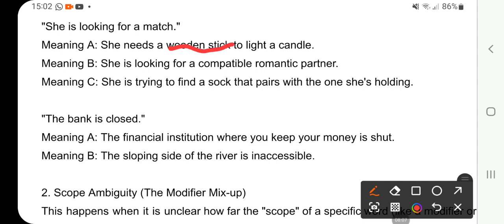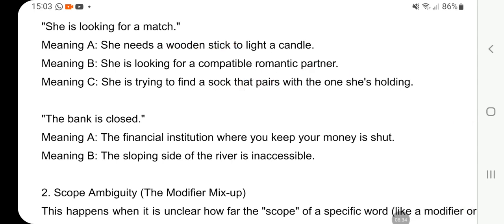Number two, partner, alliance. Number three, match means any competition, it can be, right? She's trying to find a sock that pairs with the one she's holding. So meaning here, right? Match.